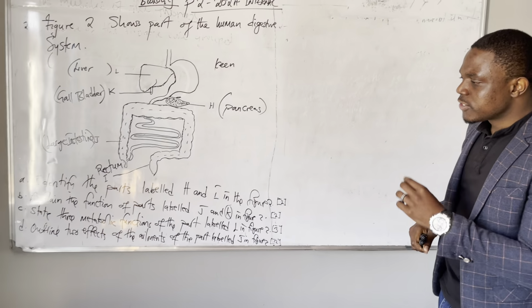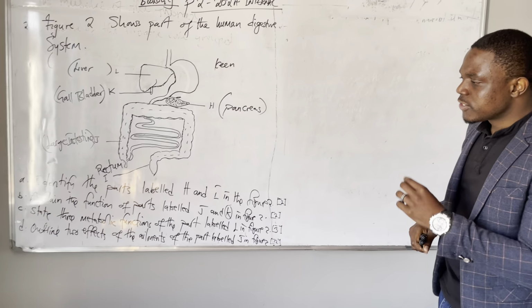Now, when we look at this metabolic function of the liver, number one, we can pick deamination. Deamination of what? Deamination of excess amino acids.